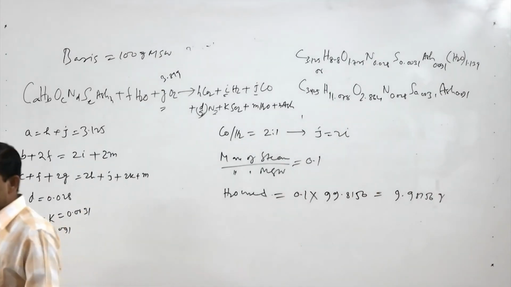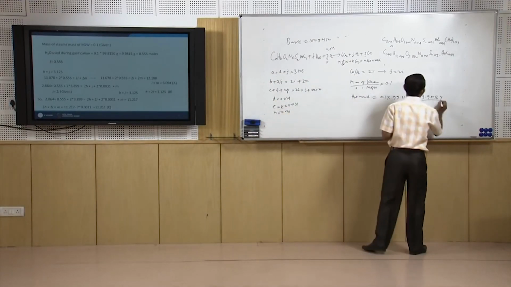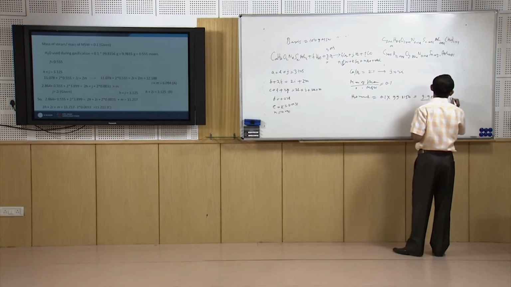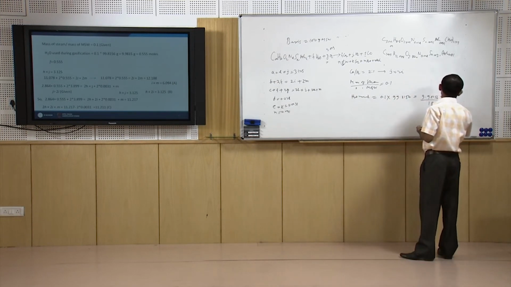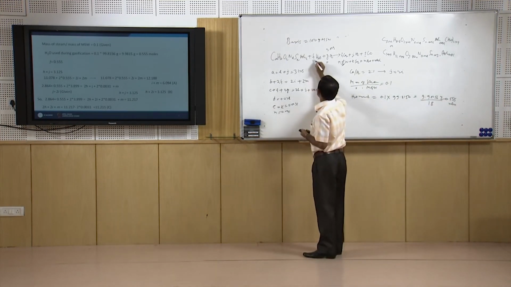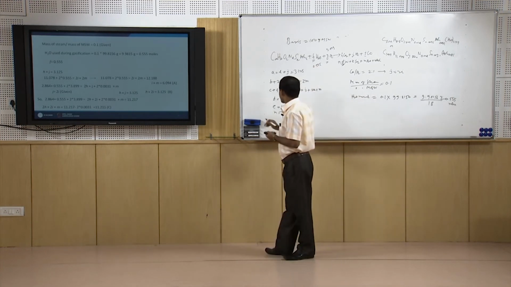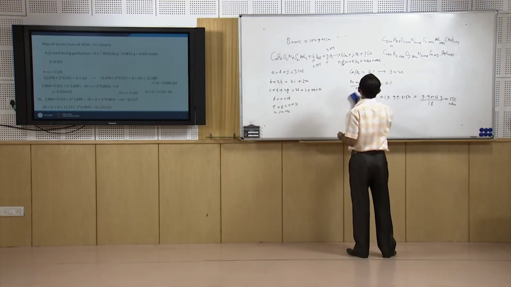So, if we convert this gram into moles, that will be divided by 18. So, 0.555 moles. So, this moles of steam is used. So, now we have got the value of F, that is equal to 0.555 moles. We have also got some expression.